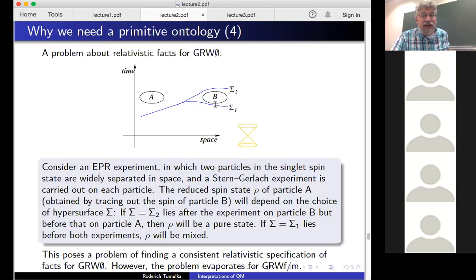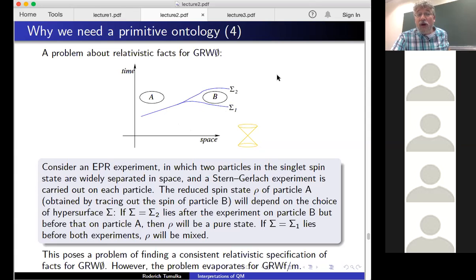Now let's say that we consider the reduced density matrix of particle A on this side, but we could consider different surfaces for that. So here are 2 space-like hypersurfaces, sigma 1 and sigma 2. One is before Bob's measurement and the other is after Bob's measurement.